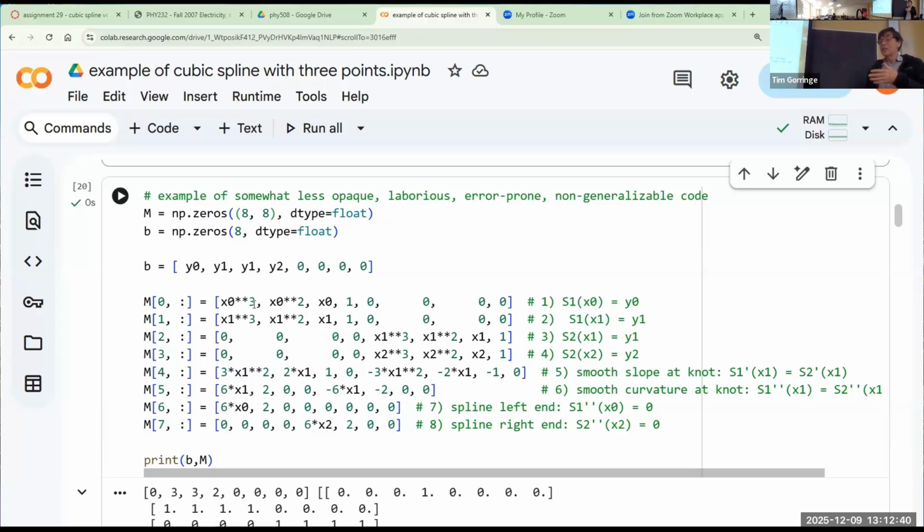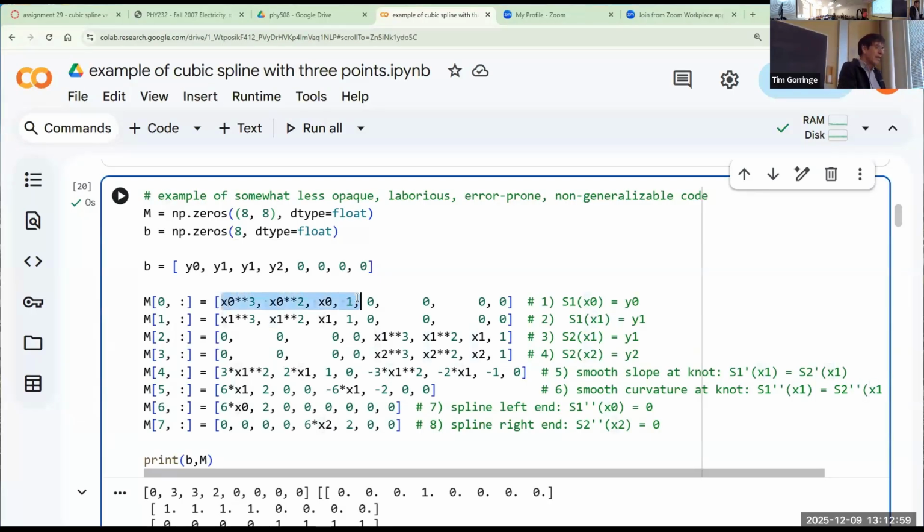So that at least makes it generalizable to changing the data points x0, x1, x2, and changing the dependent variables y0, y1, y2. Also, I felt that it made it more transparent, in that you can literally see here the cubic that's on the left-hand side.